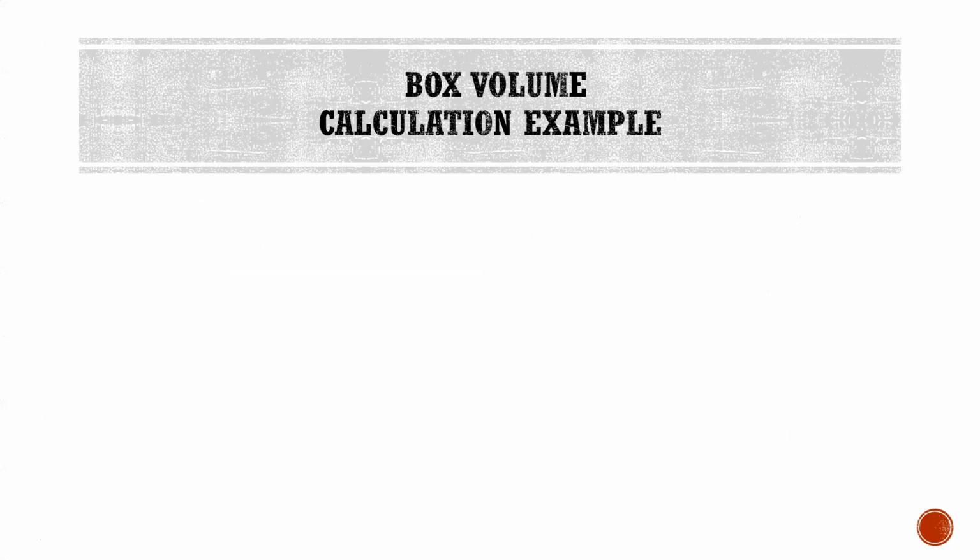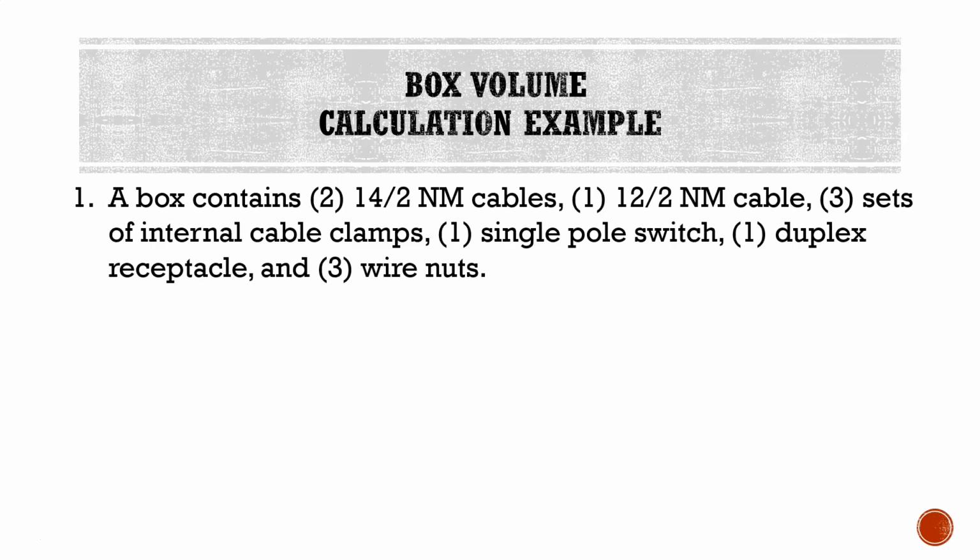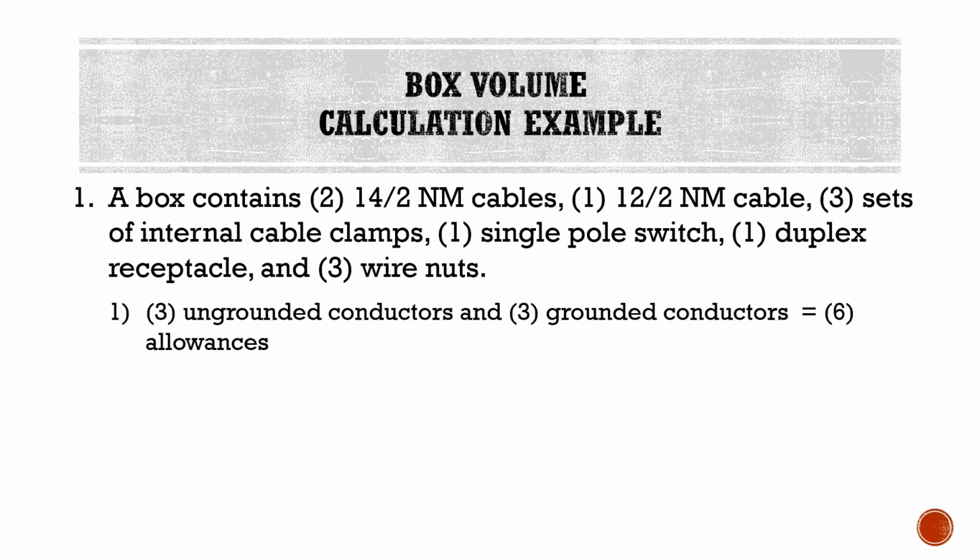So let's work through a quick example of how we would do this for a test question or a real-world example. We have a box that contains two 14-2 NM cables, one 12-2 NM cable, 3 sets of internal cable clamps, one single pole switch, one duplex receptacle, and 3 wire nuts. In total, we're going to have 3 ungrounded conductors and 3 grounded conductors.